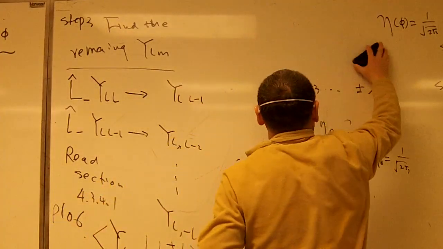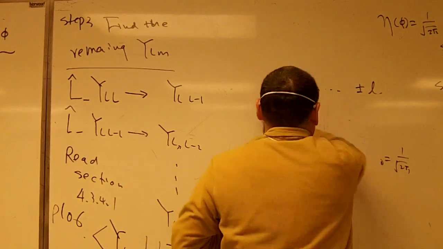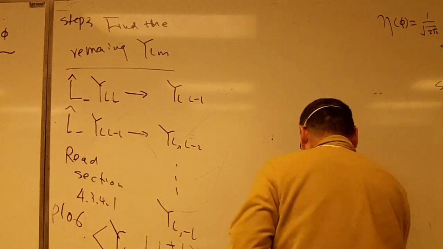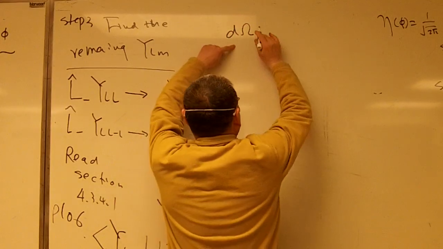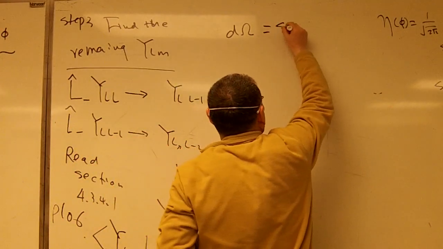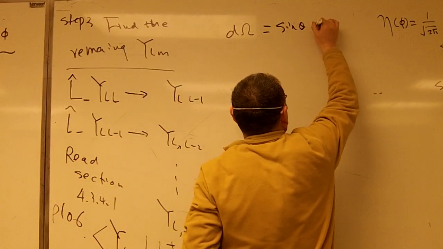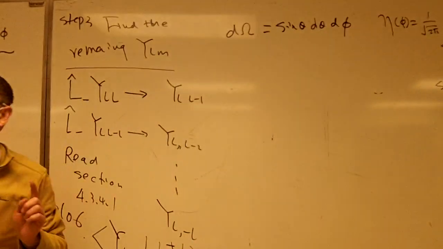In some books, they call it the volume angle. So in other words, some textbooks, you guys write this down, they use d omega. This d omega is the d theta, d sine theta, d phi. This they usually call a volume angle.